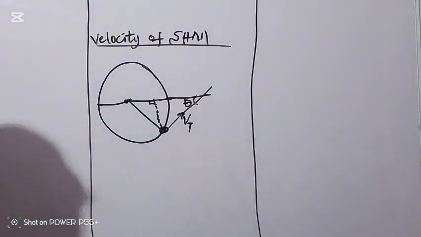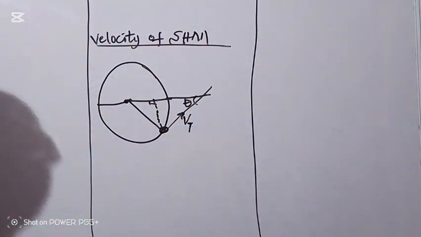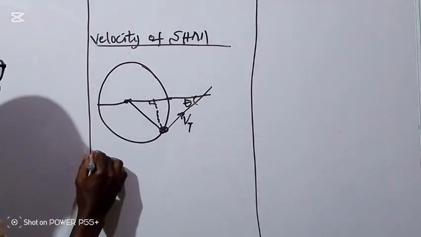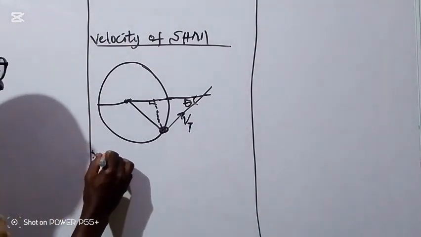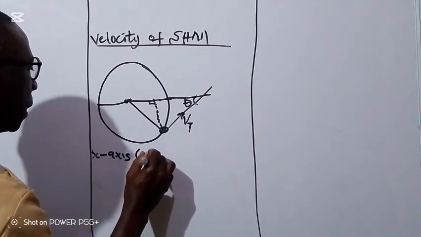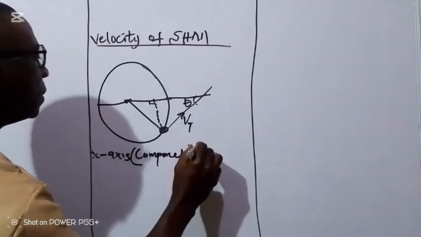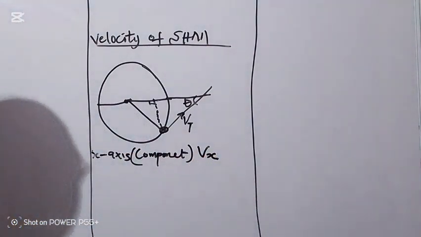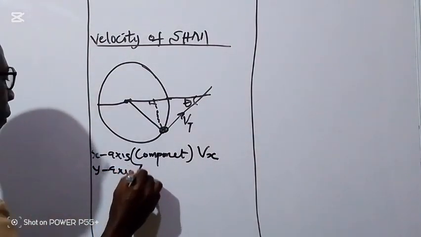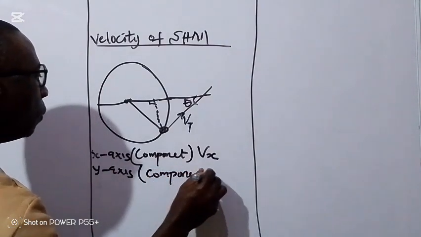Then I explained that this tangential velocity has two components. One is the horizontal, x-axis component, which is Vs. At the same time, it has a y-axis component, which is Vy.